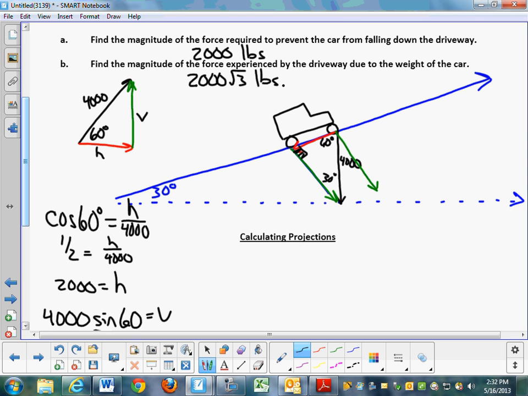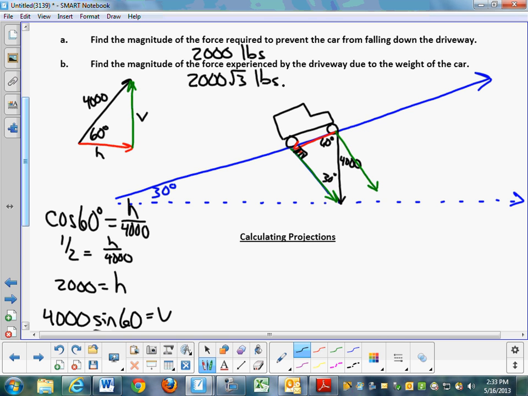Now, I have a force right along this vector right here, the red vector. Let's just say that this green vector represents the vertical component of the black. The red represents the horizontal component of the black. I just transferred this green one over to that.